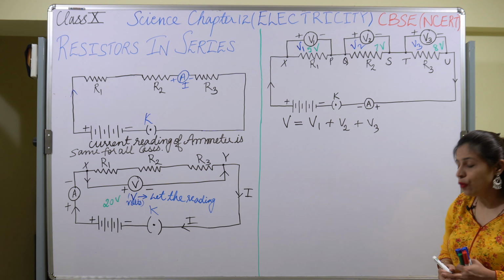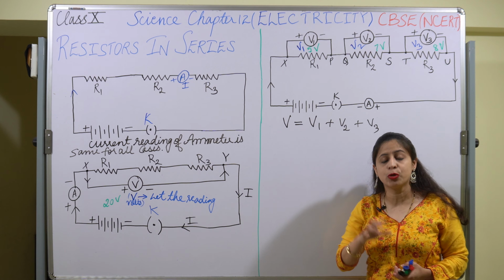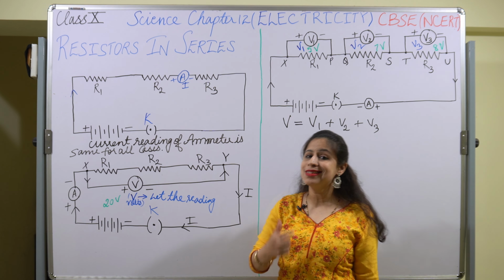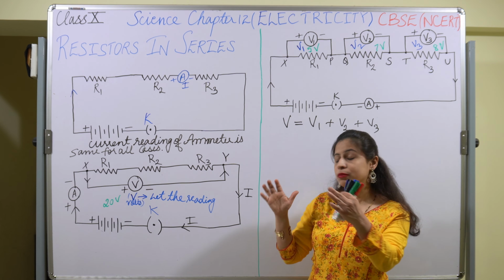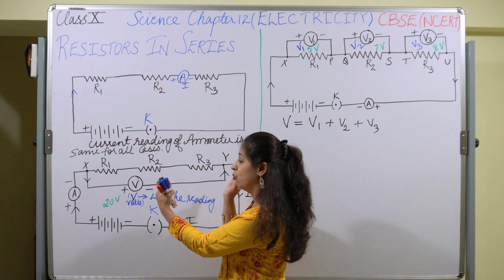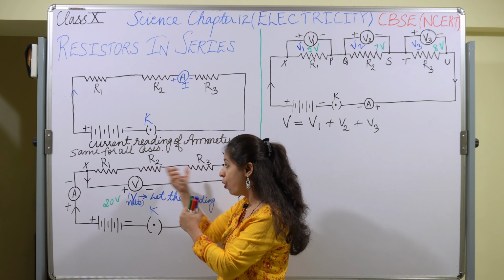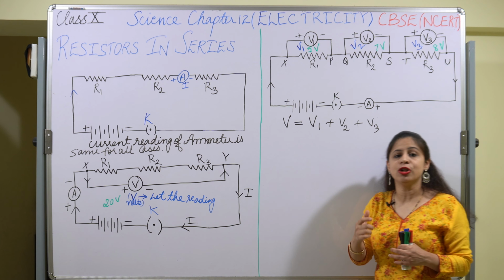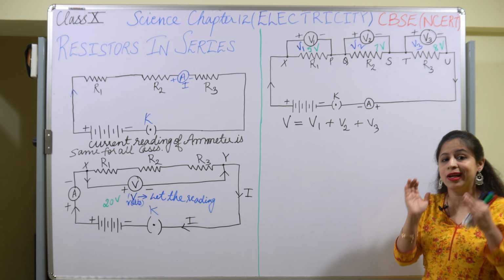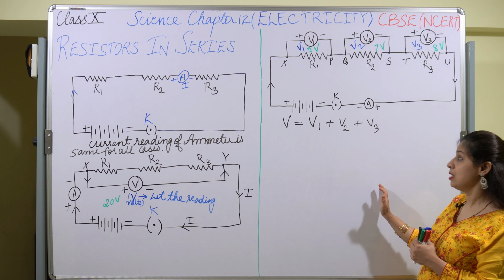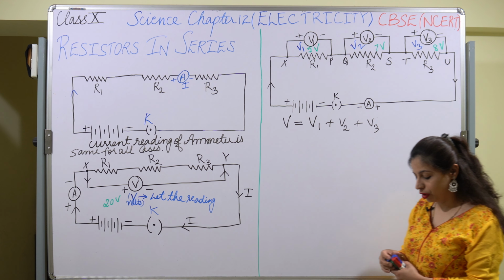So the summation of the potential differences across all the individual resistors is equal to the total potential difference. Okay, so we are getting this conclusion over here.